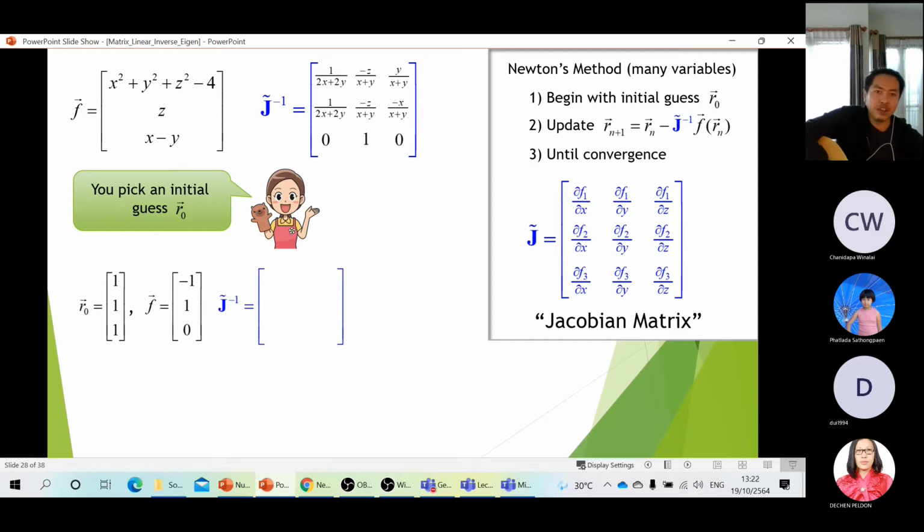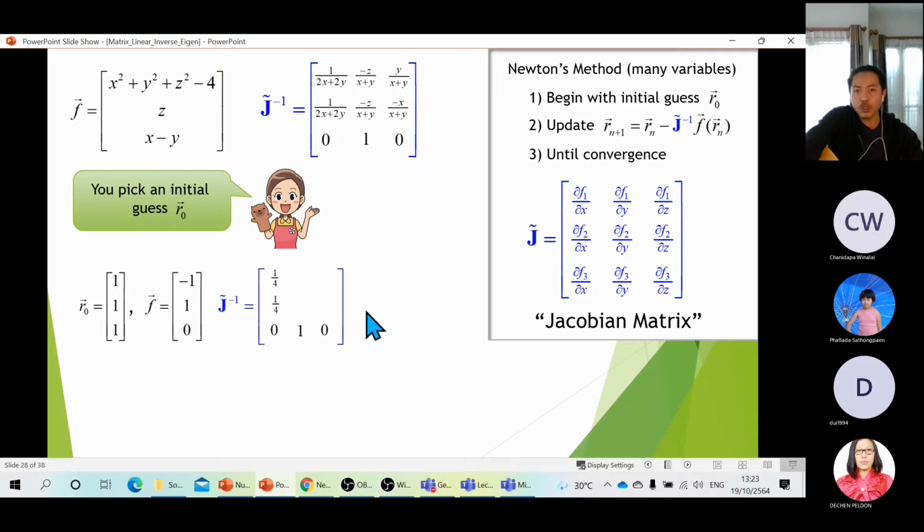Then we compute the inverse of the J and use that formula here. You plug the numbers of x, y, and z at this location, and you get back the J. Of course, now the inverse of the J matrix. Sometimes you have a constant which does not change through the iteration, but sometimes you have a formula which depends on x, y, and z.